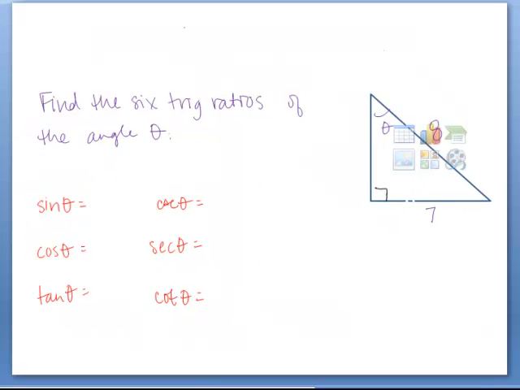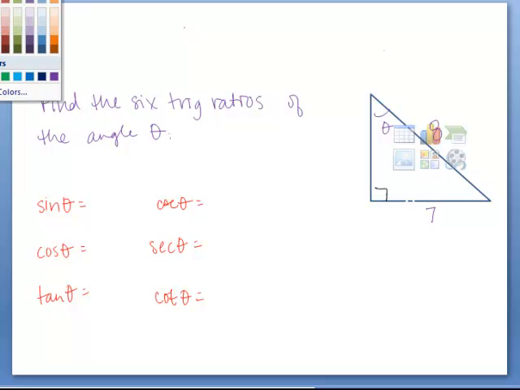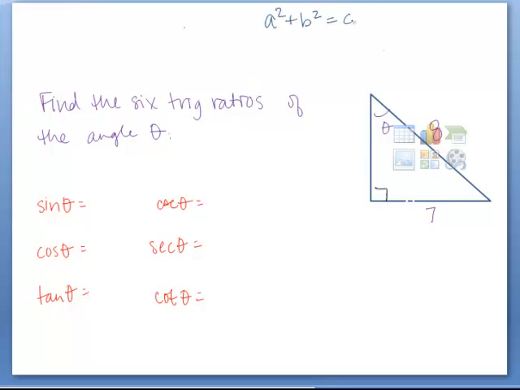Okay, so for example, if we're asked to find the 6 trig ratios of the angle theta in this particular problem right here, what we need to do is first figure out what the sides of the triangle are. Do you see that we have 2 of the 3 sides? Whenever you have a right triangle, you can always use the Pythagorean theorem, a squared plus b squared equals c squared. And do you see that we could say 7 squared plus b squared equals 8 squared? Again, remember c squared always has to be the hypotenuse of your right triangle, which in this case would be the length 8.